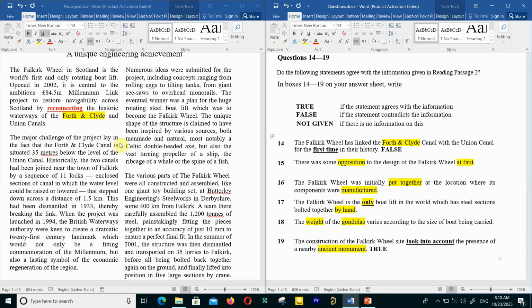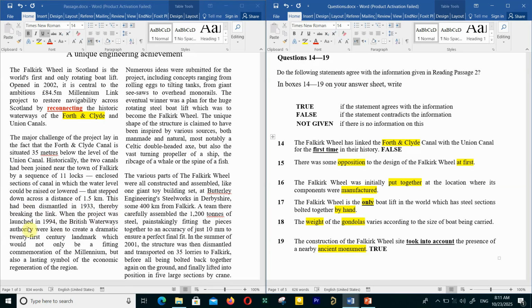The major challenge of the project lay in the fact that the Forth and Clyde Canal is situated 35 meters below the level of the Union Canal. Historically, the two canals had been joined near the town of Falkirk by a sequence of 11 locks, enclosed sections of canal in which the water level could be raised or lowered. That step down across a distance of 1.5 kilometers had been dismantled in 1933, thereby breaking the link.